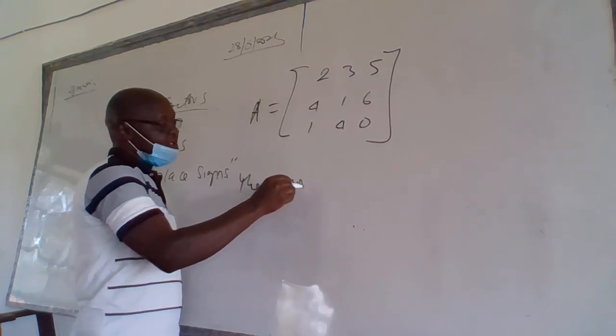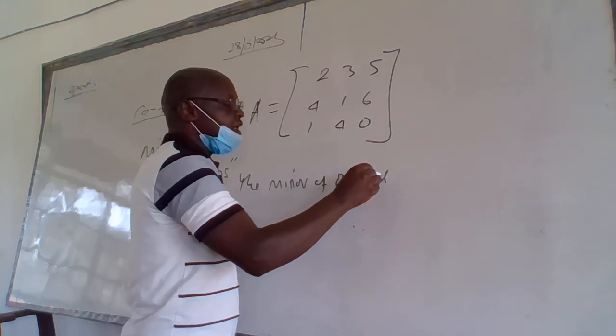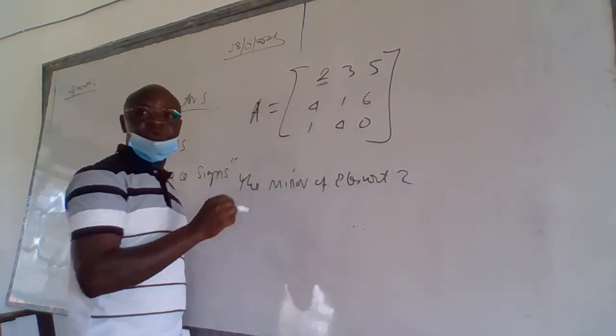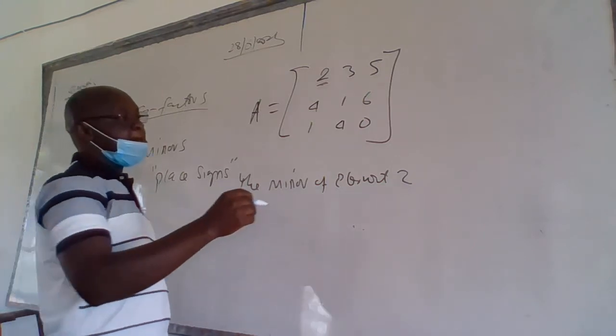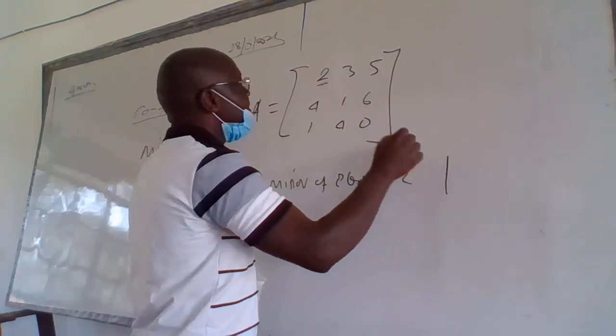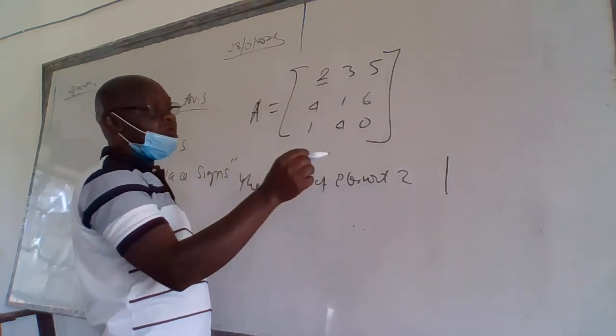Then the minor of element 2. This is element 2. So the minor of element 2 will be what? The minor of element 2 will be 1, 6, 4, 0.